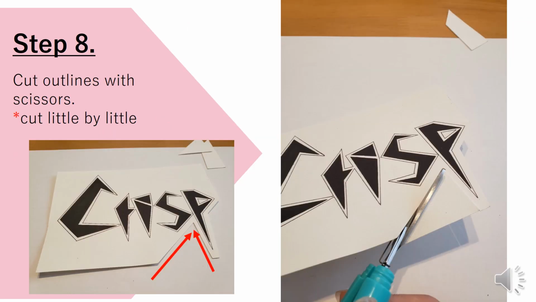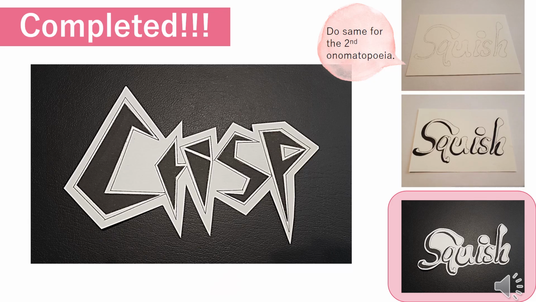Finally, step 8, cut outlines with scissors. Please cut little by little. Ta-da! This is the completion of the artwork, and you are going to do the same for the second onomatopoeia.